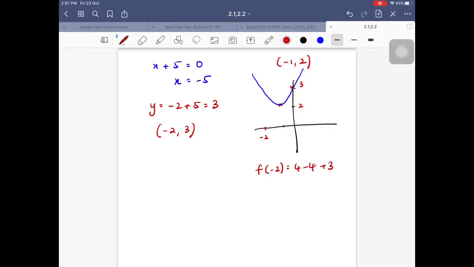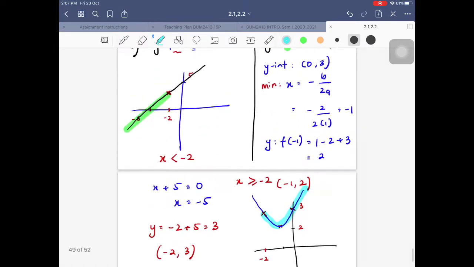So 4 minus 4 plus 3, I'll have a value of 3. Meaning that this is (-2, 3), somewhere over there. So when we wanted x greater than or equal to -2, we're going to take this function onwards. That is how the graph is supposed to look.